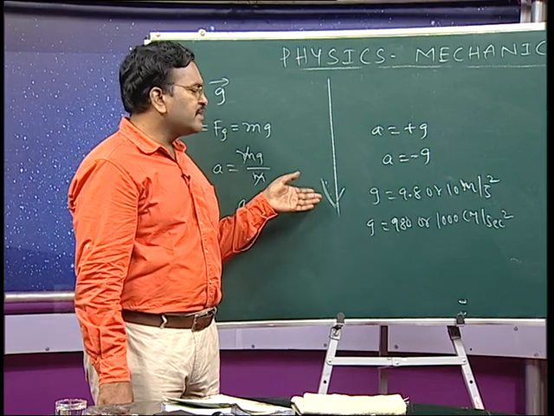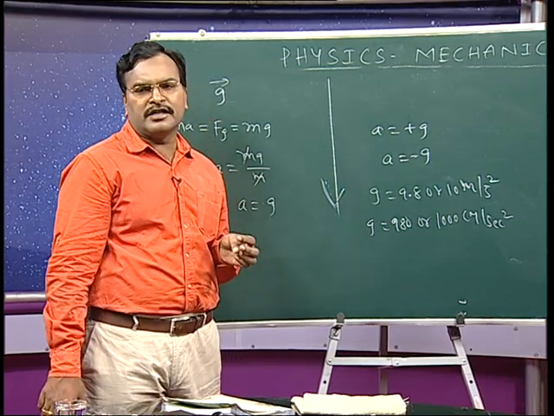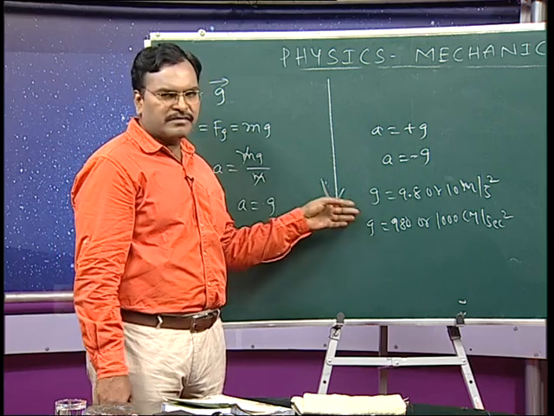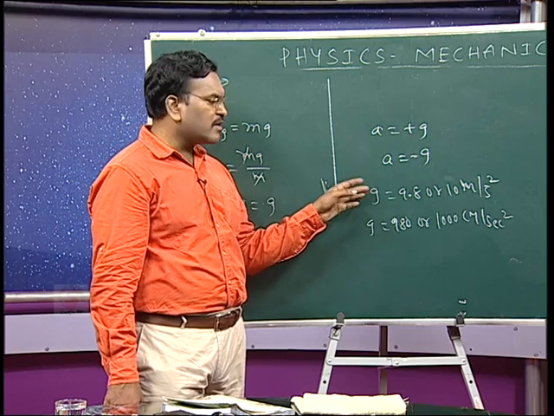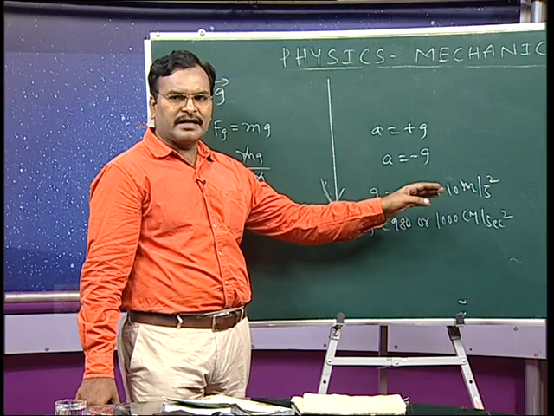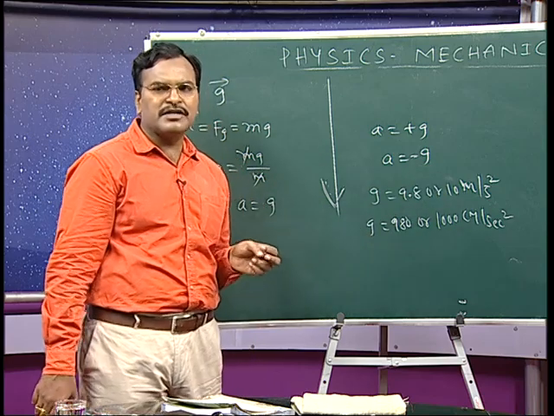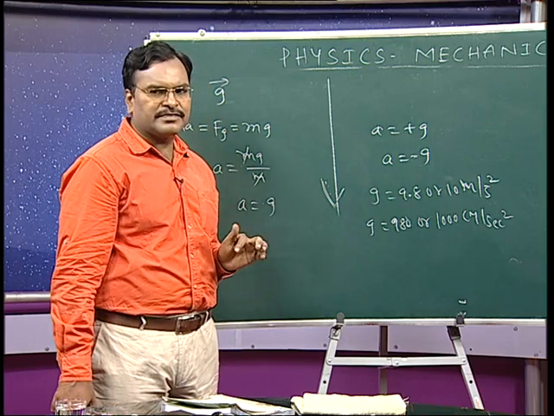We will discuss the variation of g due to latitude, altitude, and depth in the gravitation chapter. Its value is constant on the surface of the earth: 9.8 or 10 in the SI system, and 980 or 1000 centimeter per second square in the CGS system.